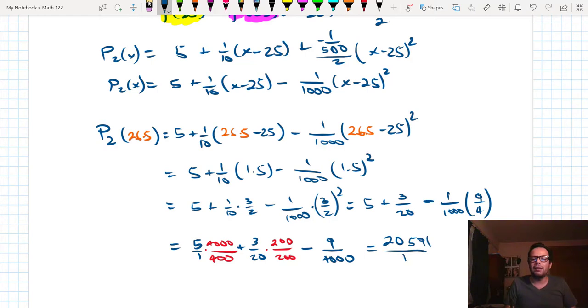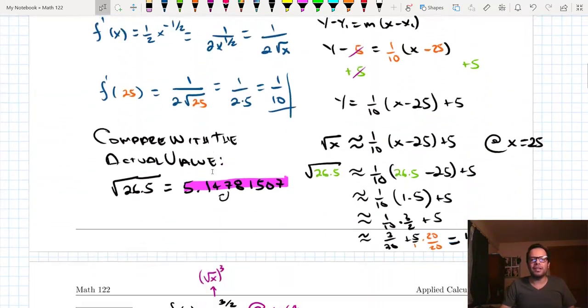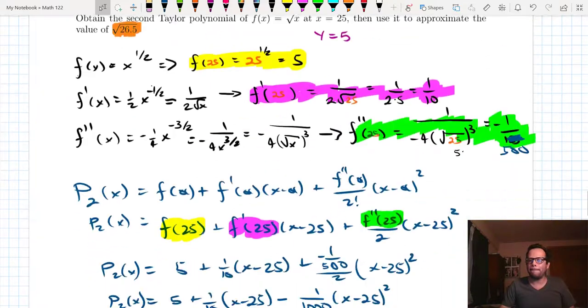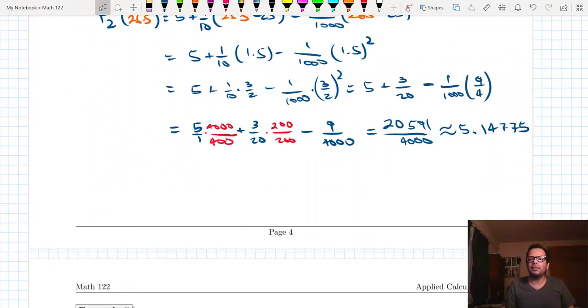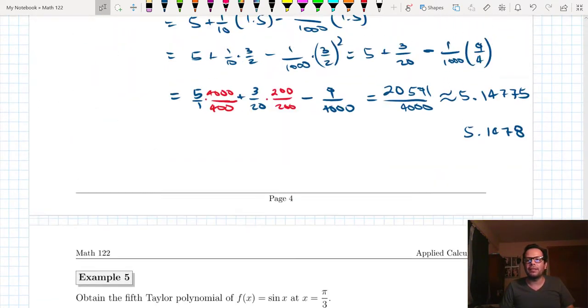20,591 divided by 4,000, which using decimals we get 5.14775, which again, comparing with our calculator value from our first example, 5.147815, was it, or what was it? 781507.